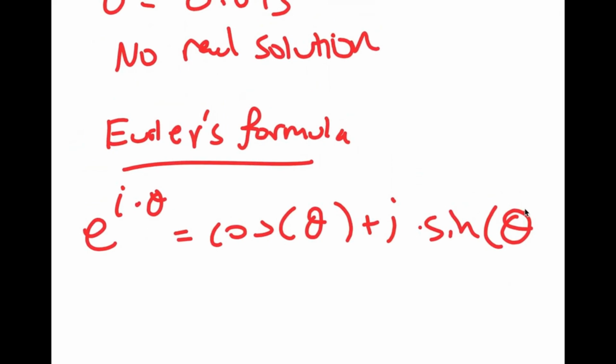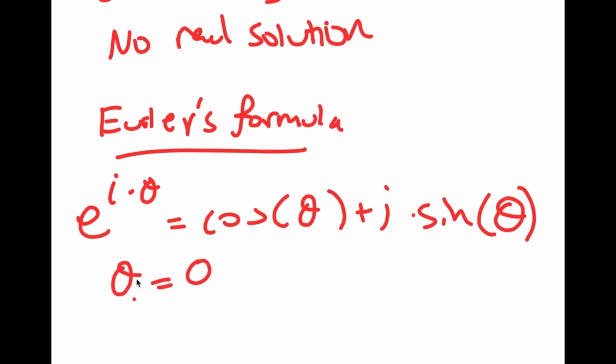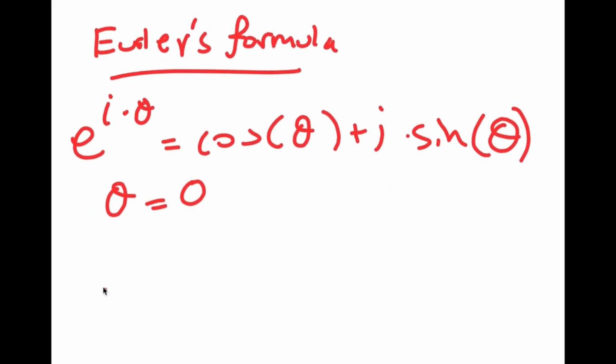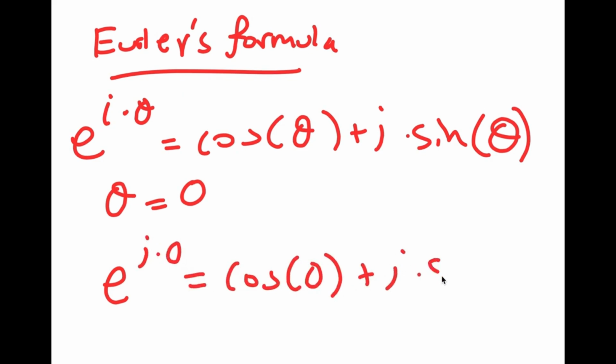So let's say that theta is equal to 0. Then this means that we have e to the power of i times 0, which is equal to cosine of 0 plus i times sine of 0.